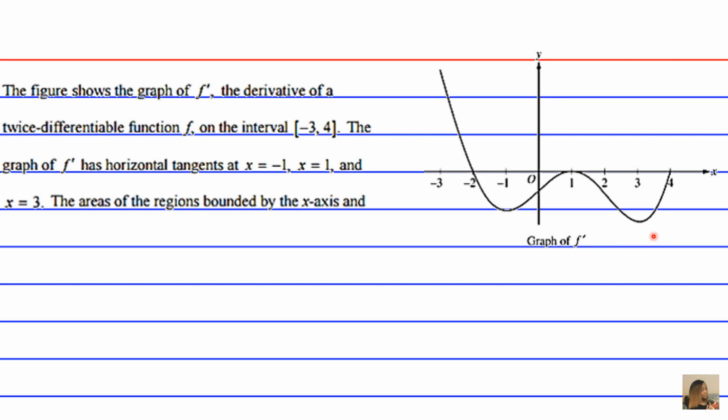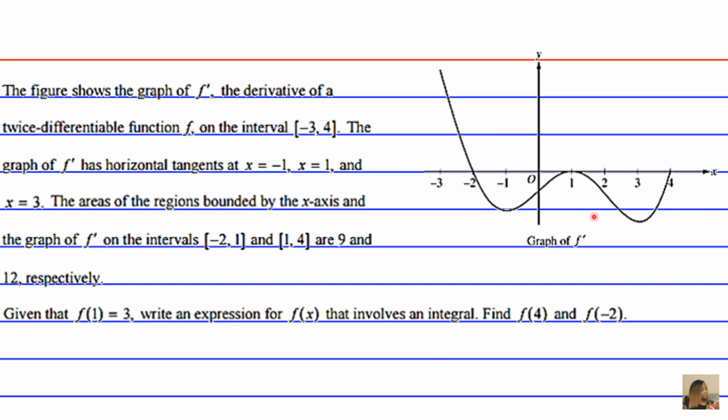The areas of the regions bounded by the x-axis and the graph of f prime on the intervals between and including the endpoints -2 and 1 and 1 and 4 are 9 and 12 respectively.